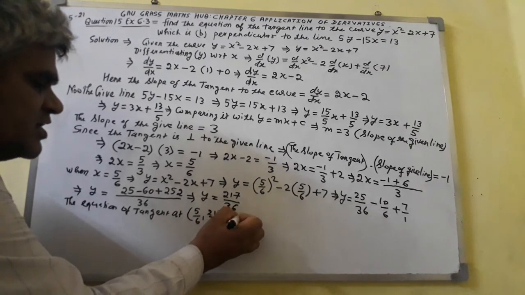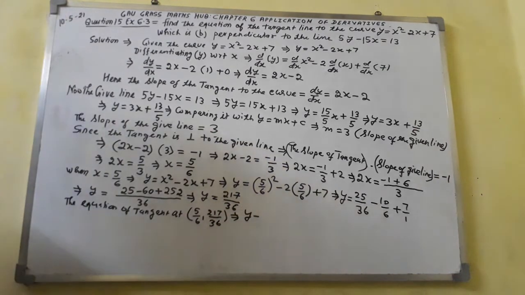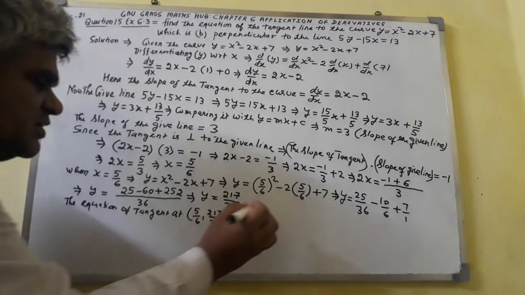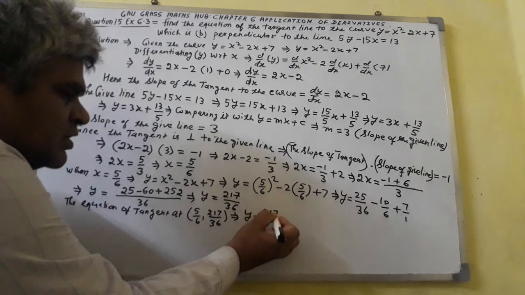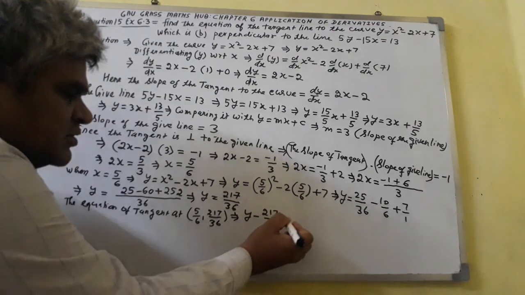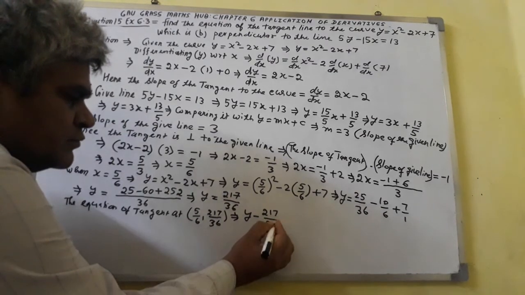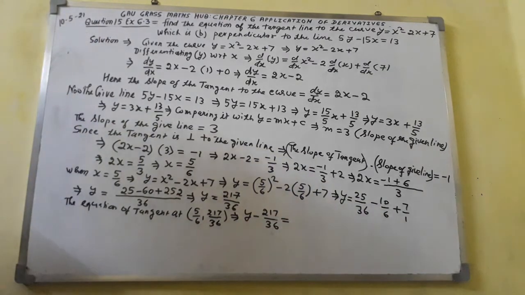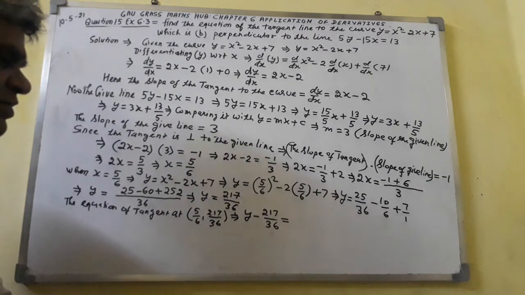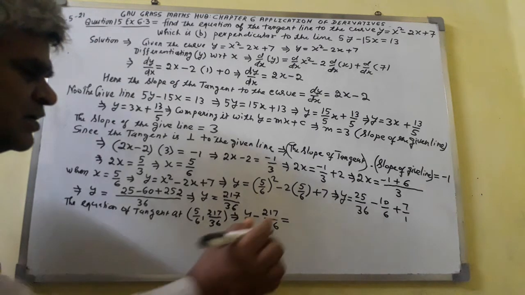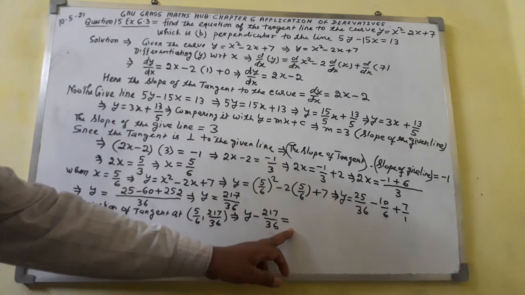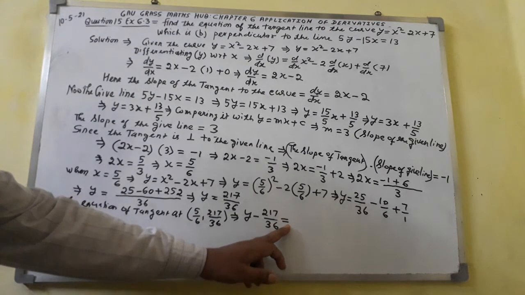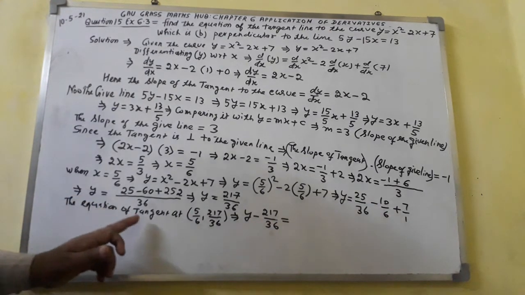We will get here, implies that y minus y1, I shall get 217 over 36, equal to m, the value of m, the slope of the tangent I shall write.